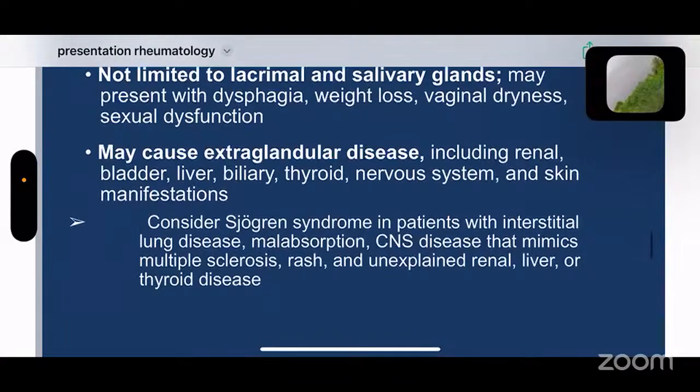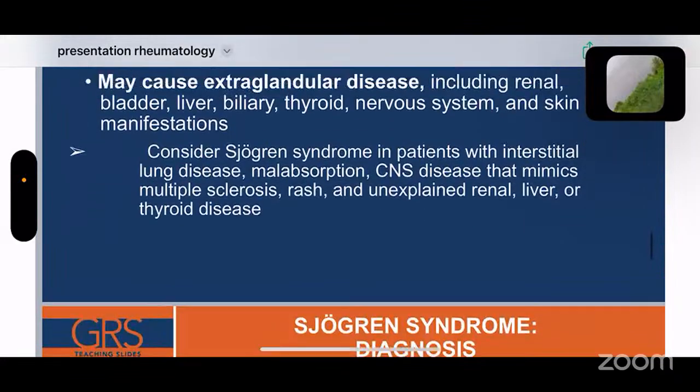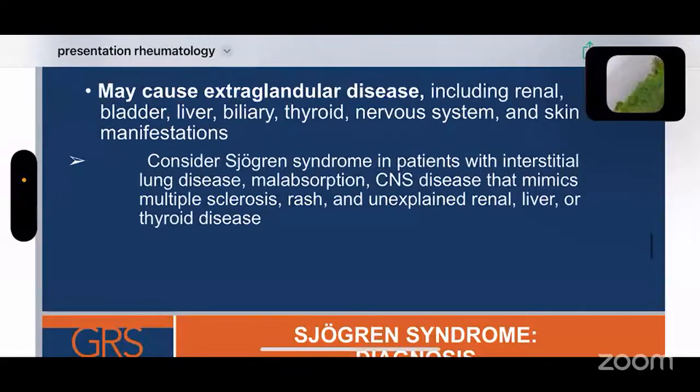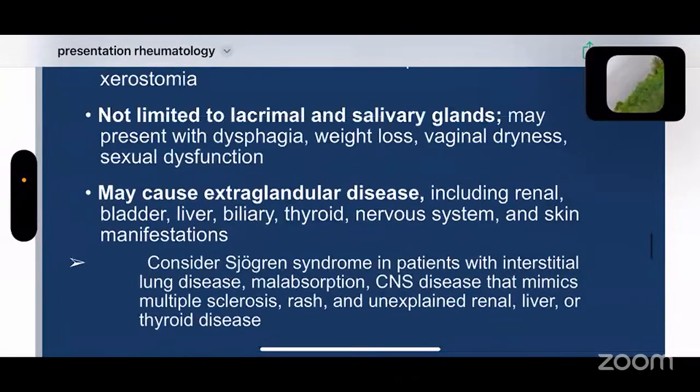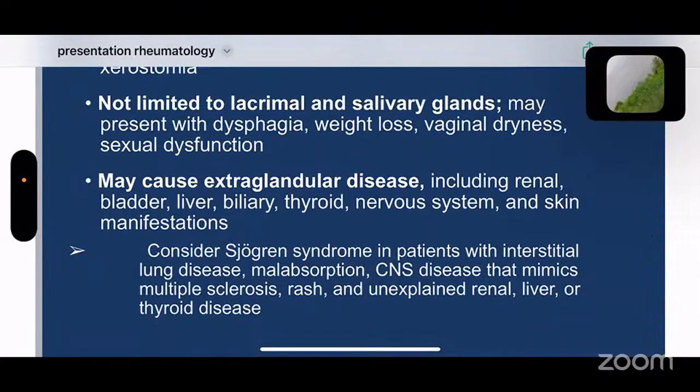We must consider Sjogren syndrome in patients with interstitial lung disease, malabsorption, CNS disease that mimics multiple sclerosis, rash, and unexplained renal, liver, or thyroid disease. We must keep in mind that Sjogren disease may not first come as just dryness of the mouth and dryness of the lacrimal glands.